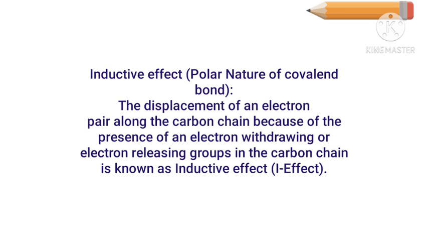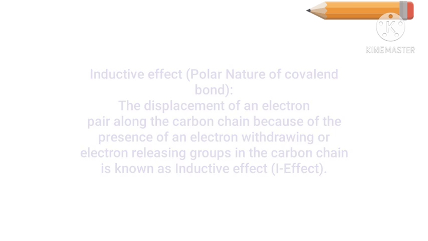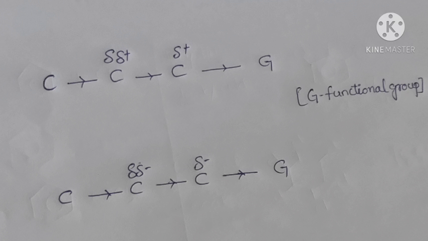Once again, I repeat this. The displacement of an electron shared pair along the carbon chain because of the presence of an electron withdrawing or electron releasing group in the carbon chain is known as inductive effect. Inductive effect is also known as I effect.